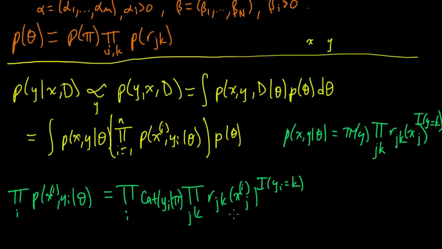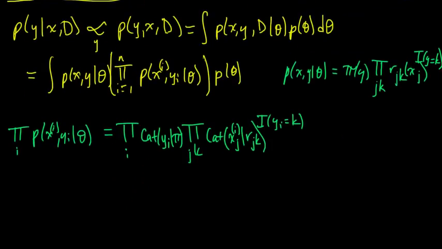And this is the same thing: this is the categorical of x_ij given parameter r_jk. So let me write that: cat of x_ij given r_jk. Okay, that notation will be helpful, I think, in a second.